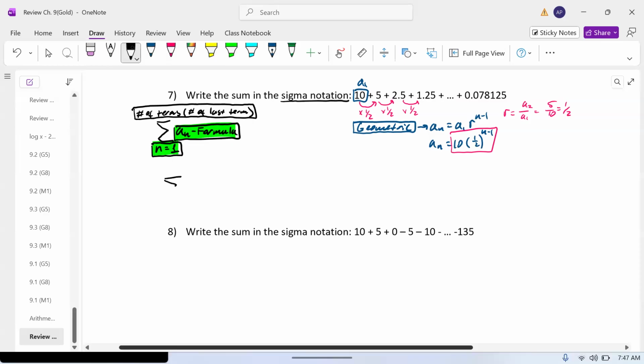So here, we already know that n equals 1. And then in the middle, our expression would be 10 times 1/2 to the power n minus 1. All we have left to do is figure out what number goes on top, how many terms there are. So we need to find n.